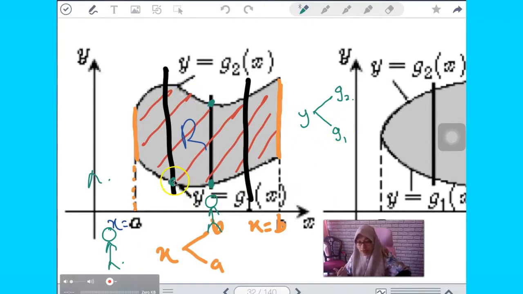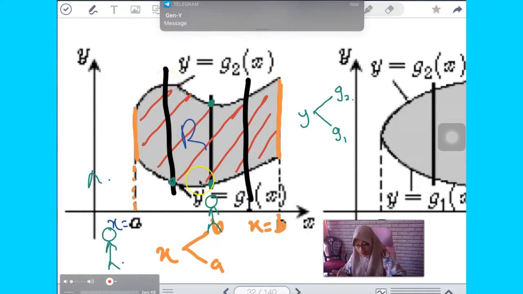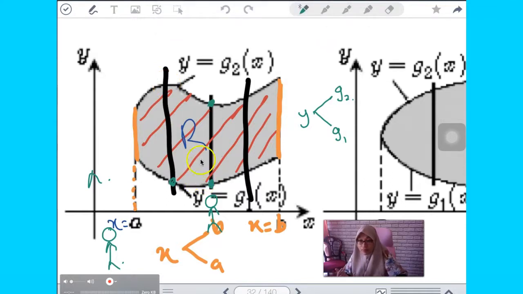Then you keep walking along this line on the region. What is the last value of y, or the maximum y that you can see? This one, right? And that point belongs to the line of g2.